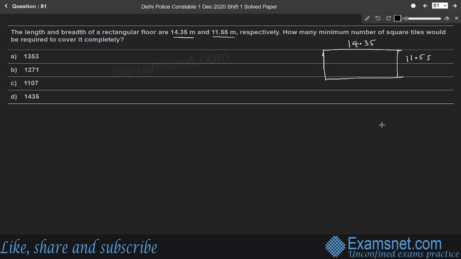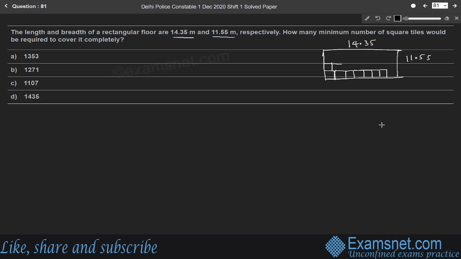So in the question, how many square tiles would be required to cover it completely? So we have to calculate the number of square tiles like this.